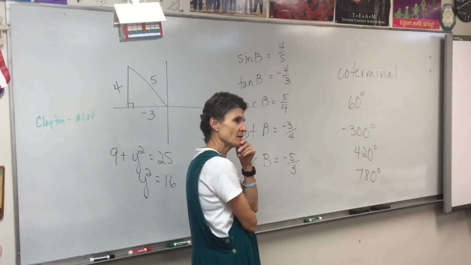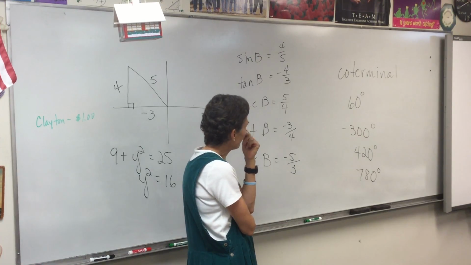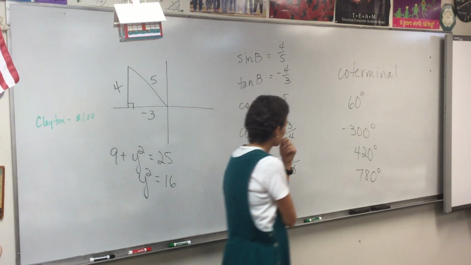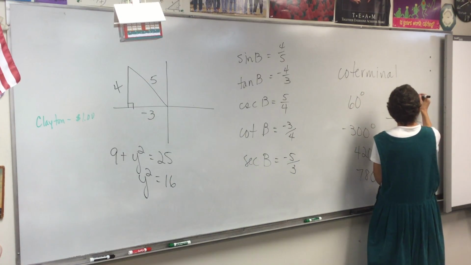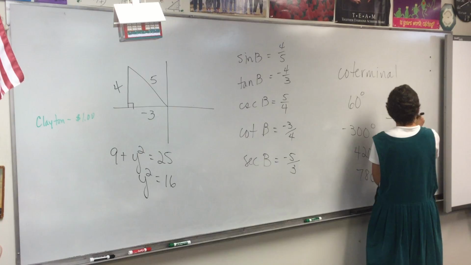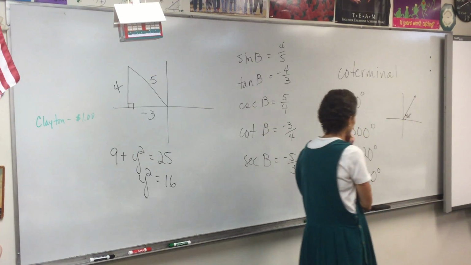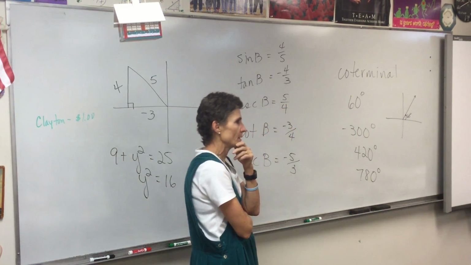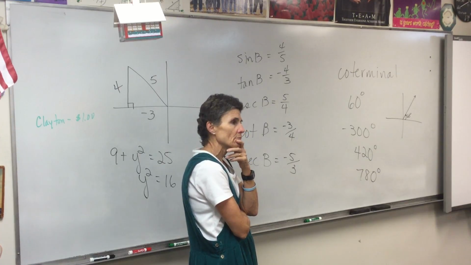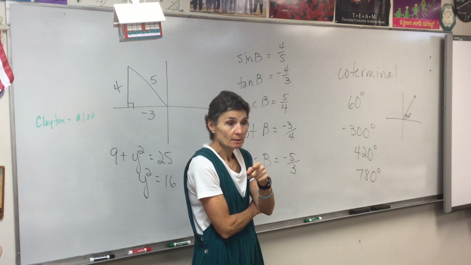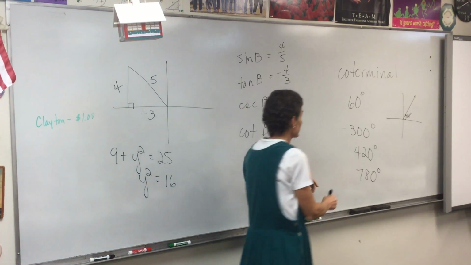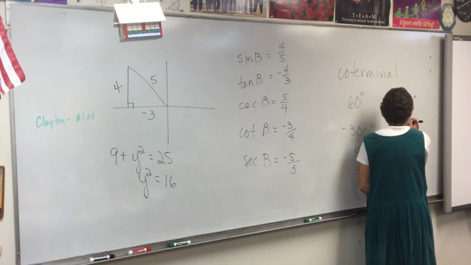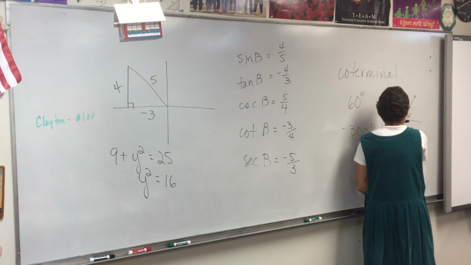What do you think it means to be coterminal then? Think about all those angles. Maybe draw them. Like here's 60, right? What would negative 300 look like? Same thing. Actually, it ends in the same spot, right? When I draw it, I end in the same spot. Wouldn't this be negative 300, you guys?